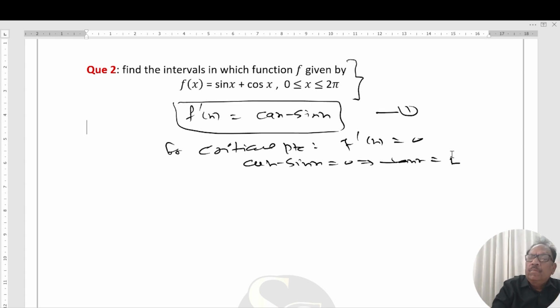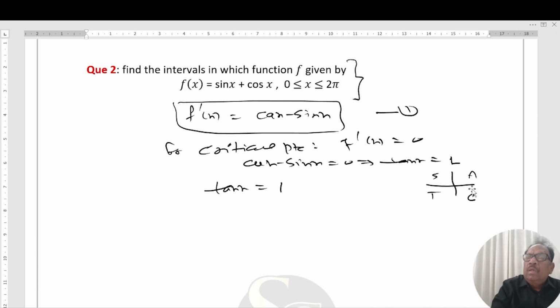Now in the interval, tan x equal to 1 is possible. You know ASTC, all school to college. First quadrant all positive, second quadrant sin and cosec positive, third quadrant tan and cot positive, fourth quadrant cos and sec positive, right?